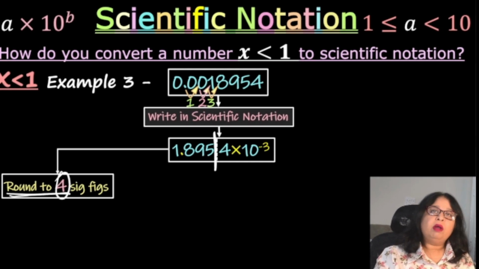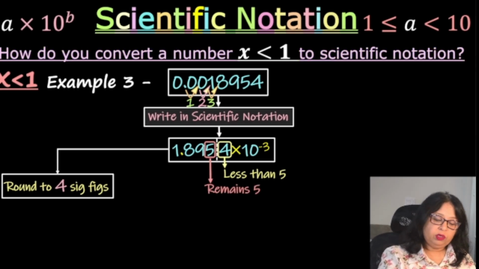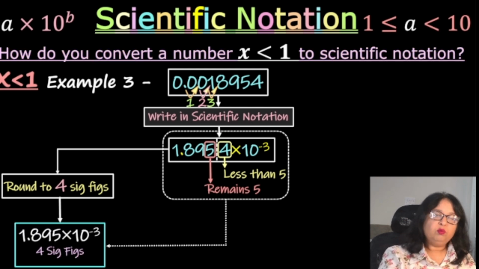Why? Because we are rounding off the answer to 4 digits. Very well. To the right of the line is 4, and 4 is less than 5. Therefore, the number to the left of the line, which is 5, remains 5. So our answer is 1.895 times 10 to the power negative 3. There are 4 significant digits here.